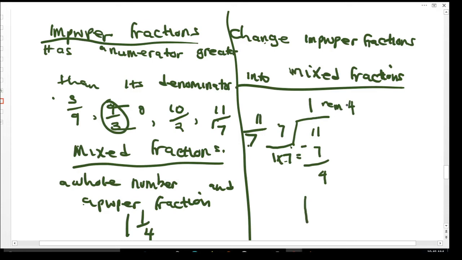So 1 remainder, this is 4 over what was our denominator. The denominator was a 7, so it gives us one whole number, 4 out of 7. This is a whole number, numerator and a denominator. Therefore, an improper fraction, 11 out of 7, has given us a mixed fraction.